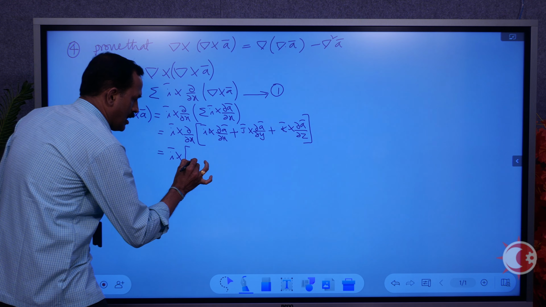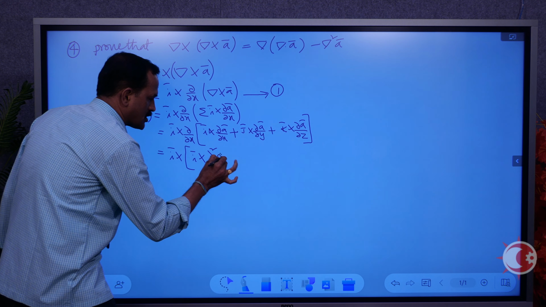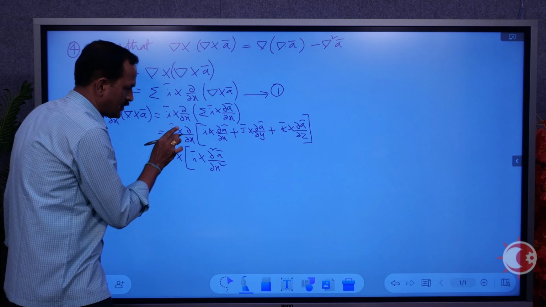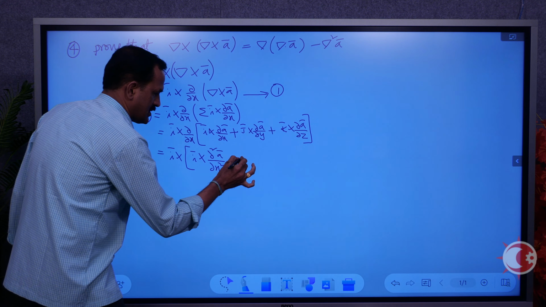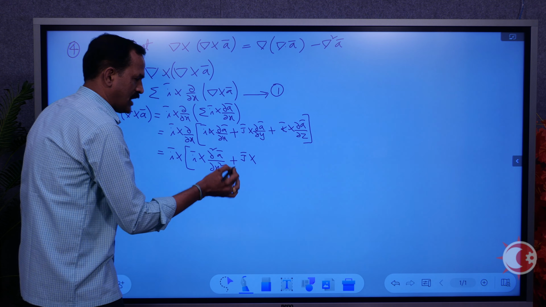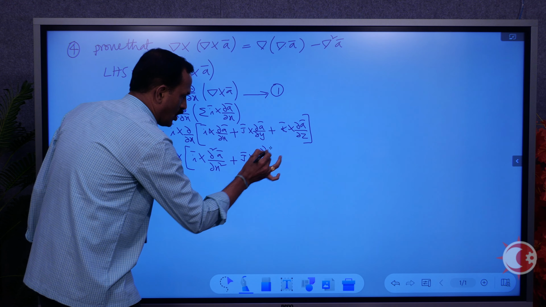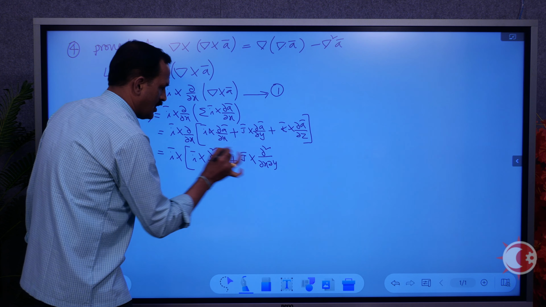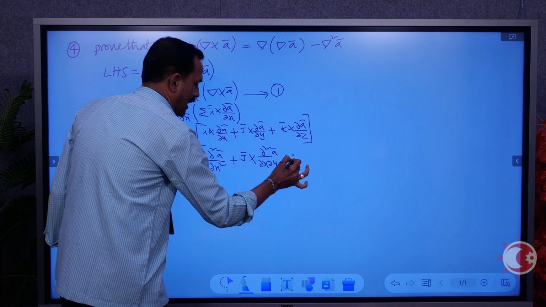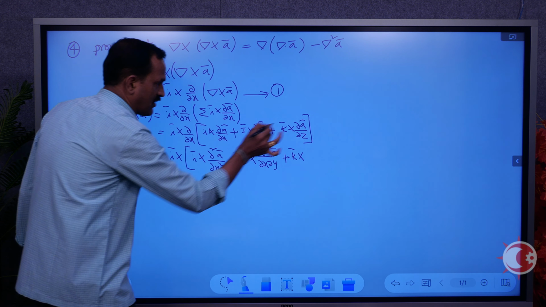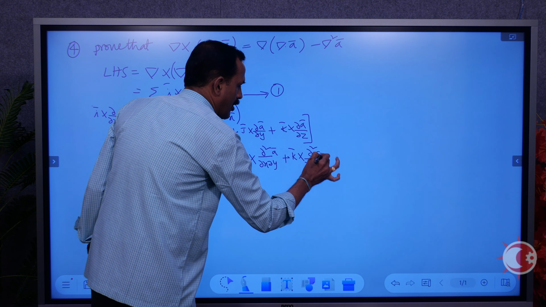That will be I bar cross dou by dou x of dou A bar by dou x, which is dou square A bar by dou x square, plus J bar cross dou by dou x of dou by dou y, so dou square by dou x dou y of A bar, plus K bar cross dou by dou x of the last part, dou square by dou x dou z of A bar.